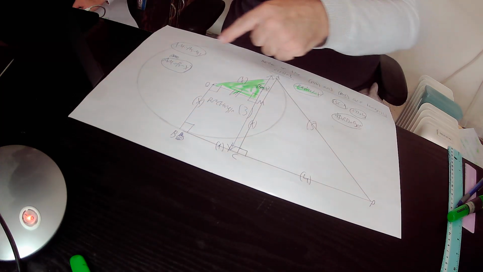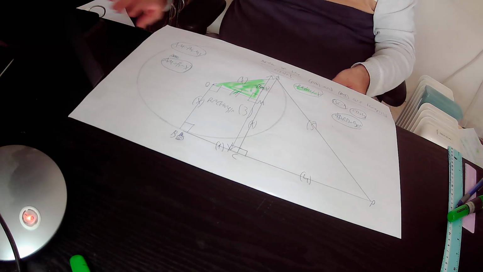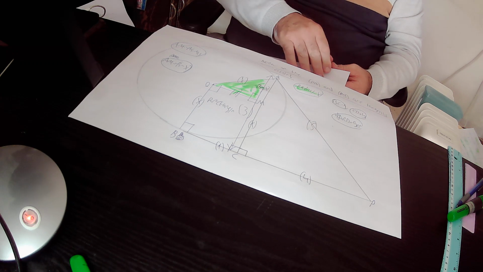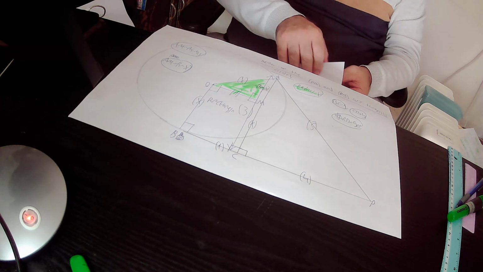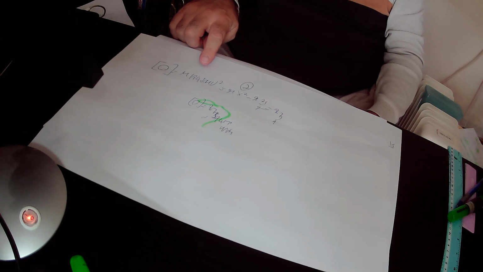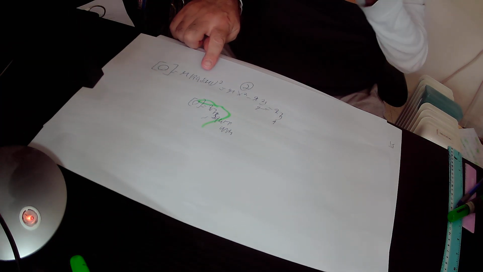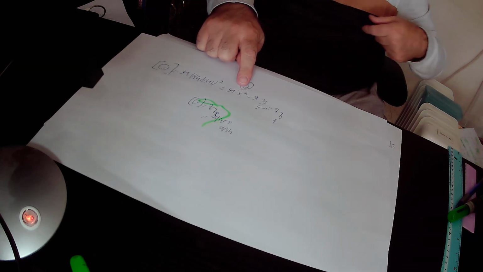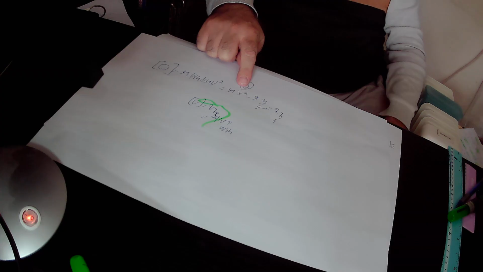Our task is to find the area of the circle. We know that the area of any circle equals pi times the radius of the circle squared, and therefore the area of our circle must be equal to pi times the radius of our circle squared. The radius of our circle is x, therefore the radius squared is x squared.